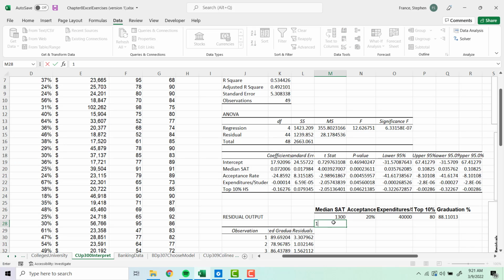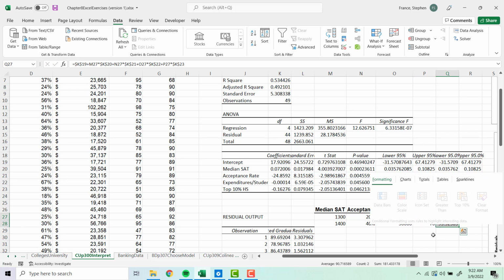And we could actually do, for example, 1,400, maybe, but maybe a little bit less acceptance rate. We got 40%. And expenditures 30,070. And then we could just drag down.